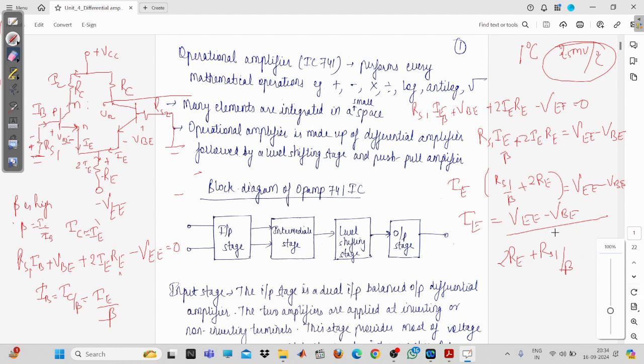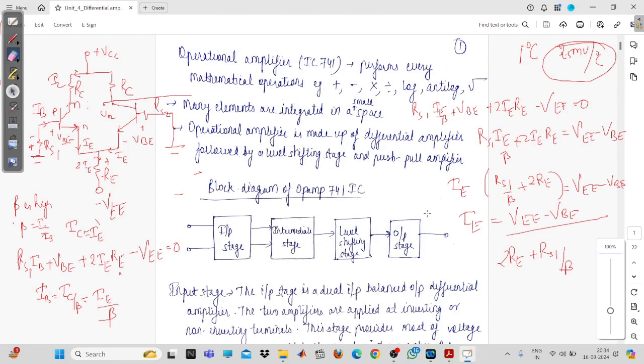Similarly, in the denominator, beta is also temperature dependent. So this will shift the operating point near saturation or cutoff, which is highly injurious. This is supposed to be a constant current, but it does not look constant because these two parameters can shift your operating point. This is about IC.